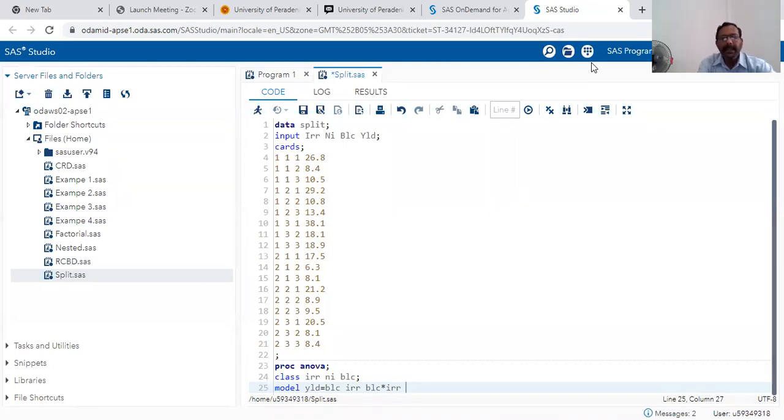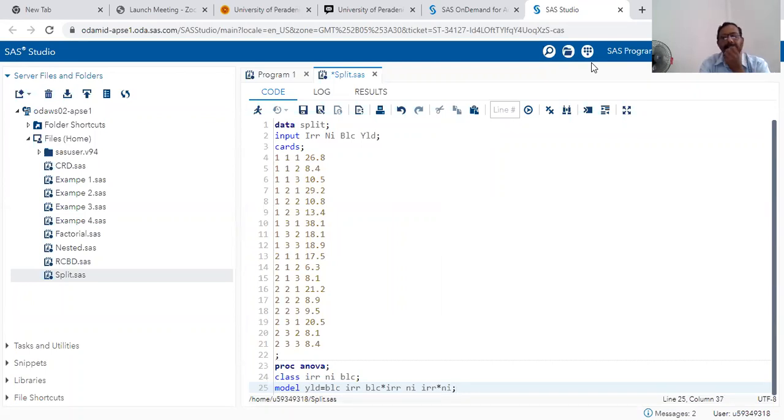What is next? Nitrogen effect. Then irrigation into nitrogen. Then what? The normal error term, so we don't need to include that.